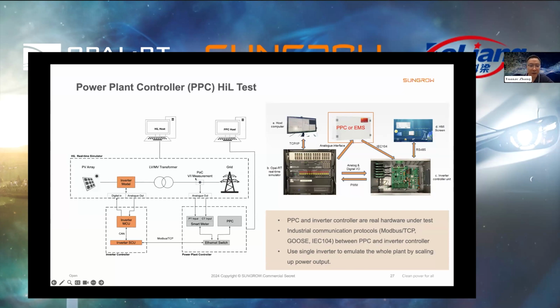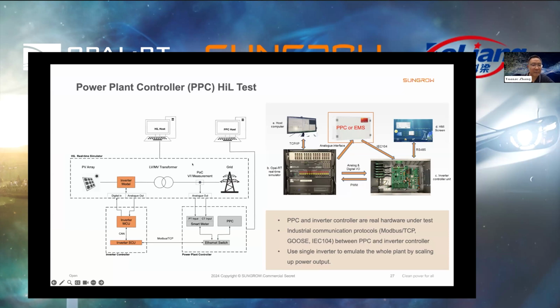And then we measure the voltage and current at the POC and send to a smart meter, and the smart meter will connect to the PPC controller. Then the PPC generates control algorithms based on the voltage and the current measured at the POC and sends a dispatch signal to our inverter controller.